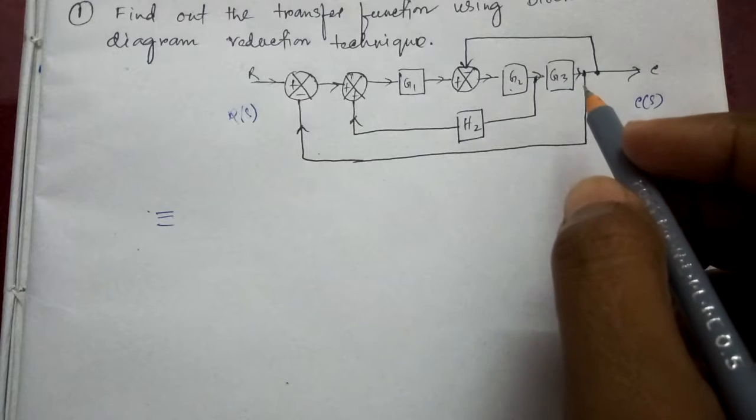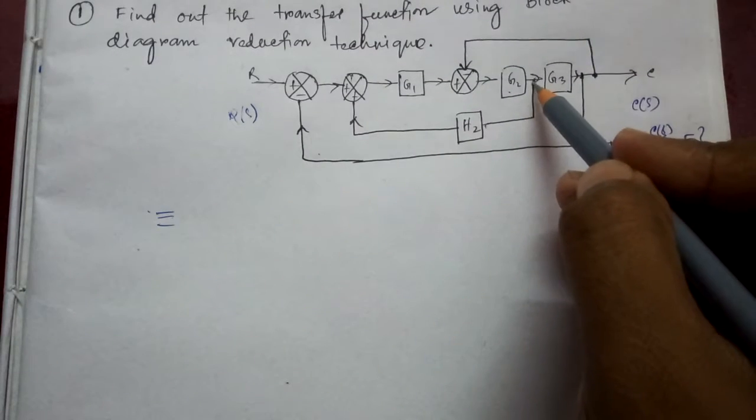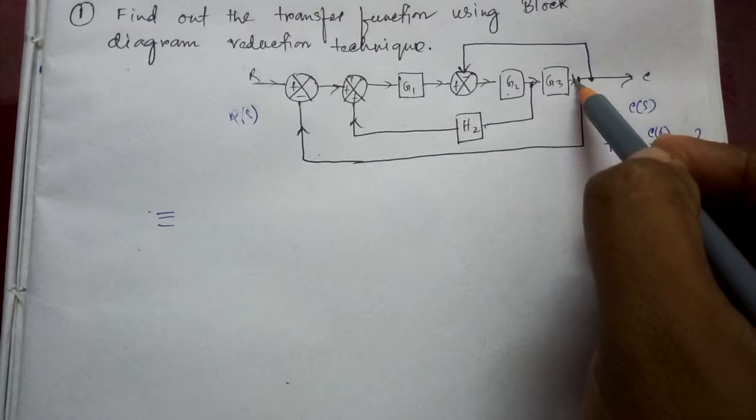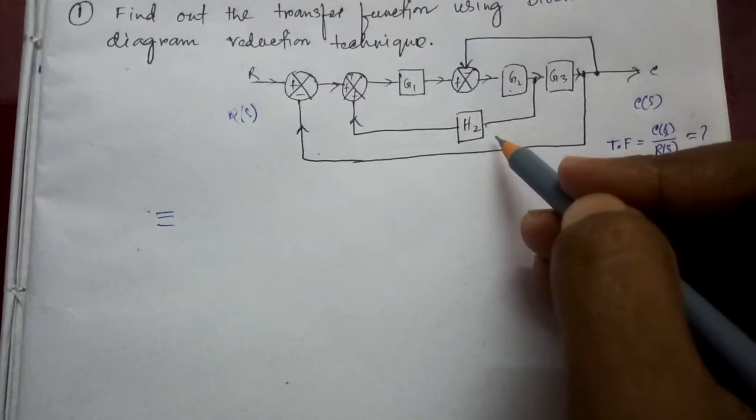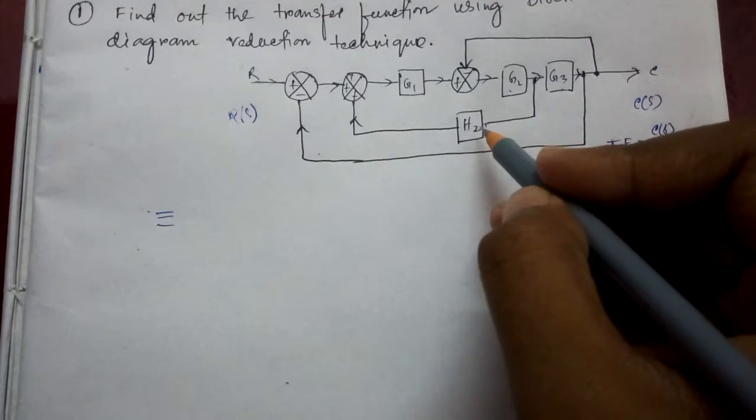So to take this takeoff point after this block, we have to divide H2 by G3.